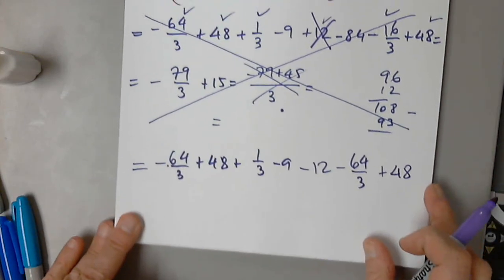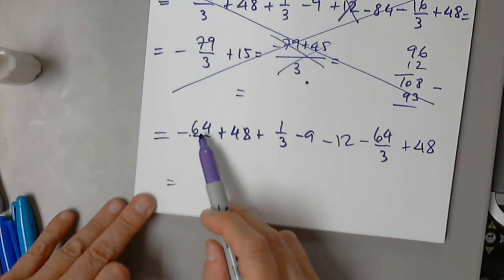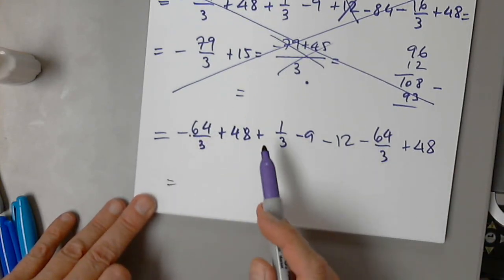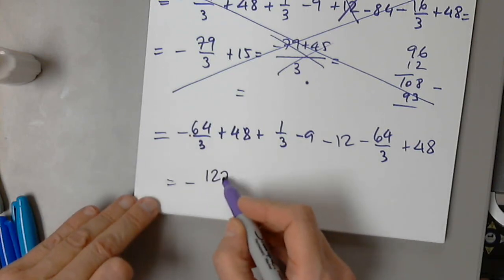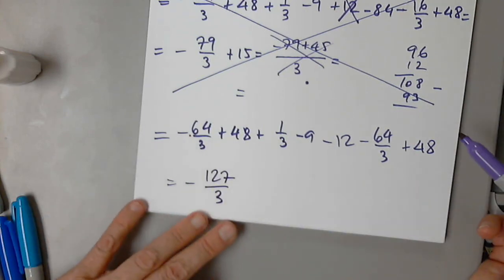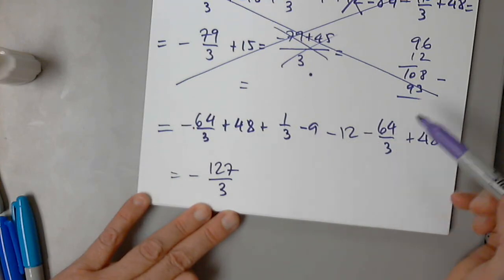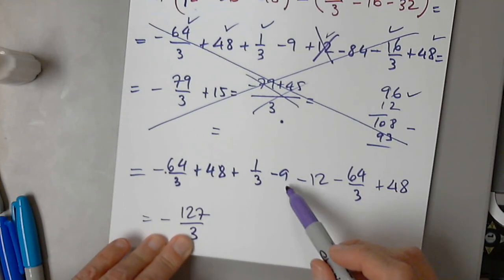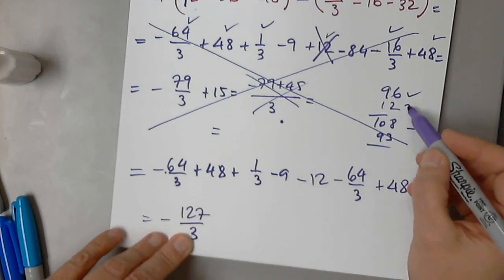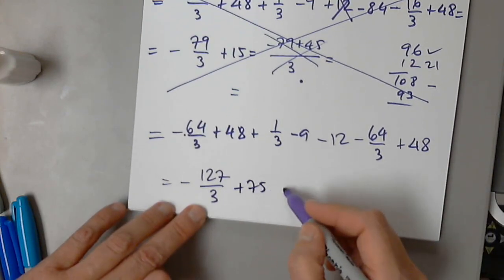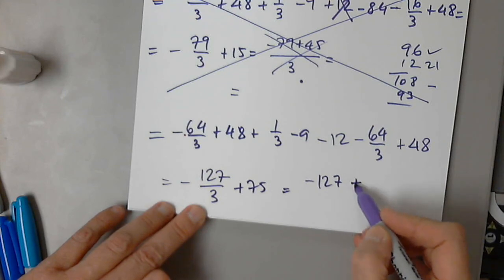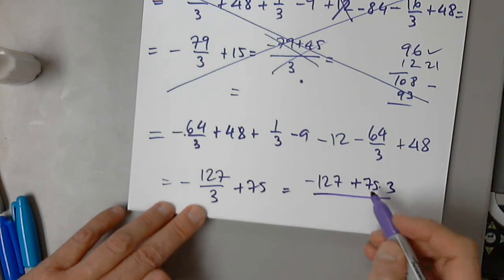Okay. So 64, and that's 128. So negative 128, negative 127 divided by 3. Okay, the 48 plus 48 is still 96. And I have to subtract 21. So I get 75. So negative 127 plus 75 times 3 divided by 3.